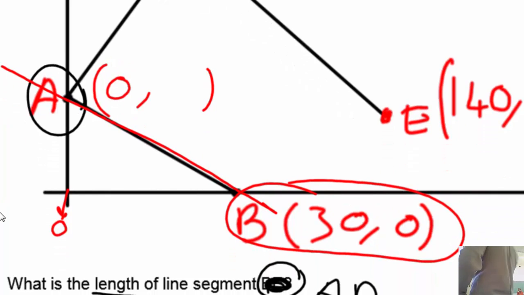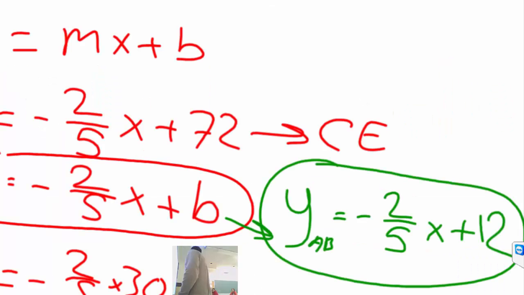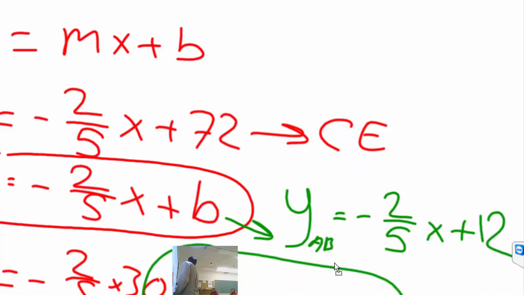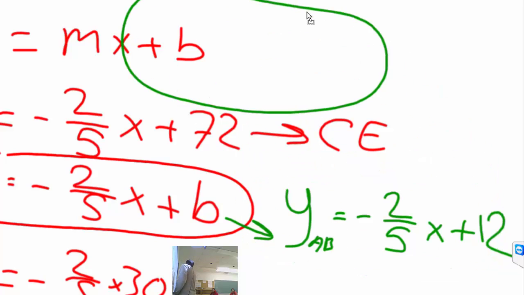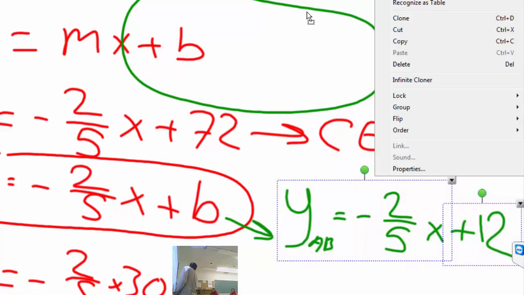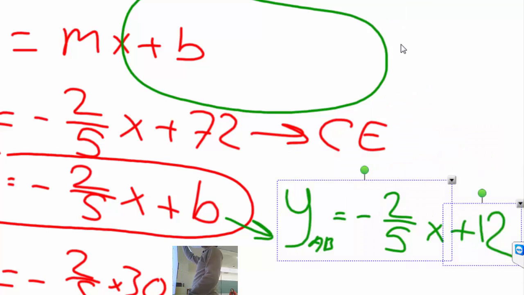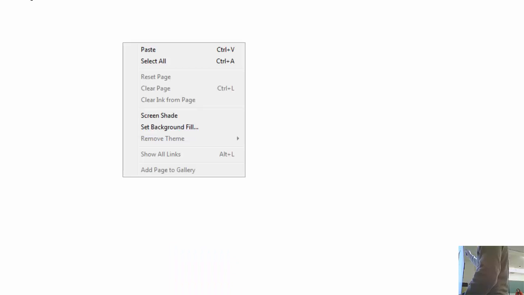I know x is 0 here, but I need to find out the y. What would be the y? Well, that's easy. Once you have the equation, let's open a new page here and let me copy. Let's rewrite it.